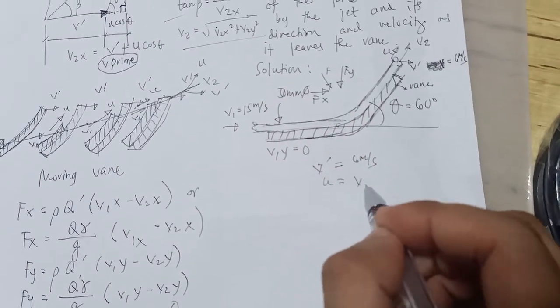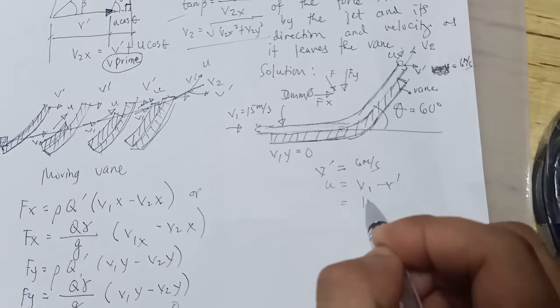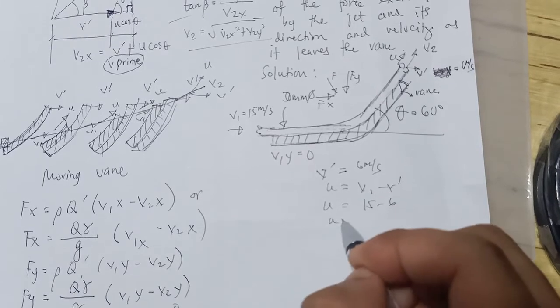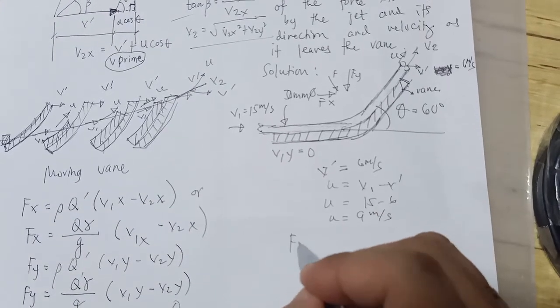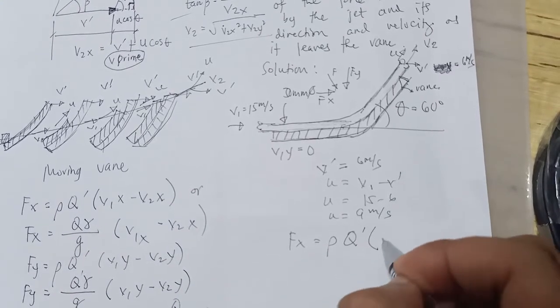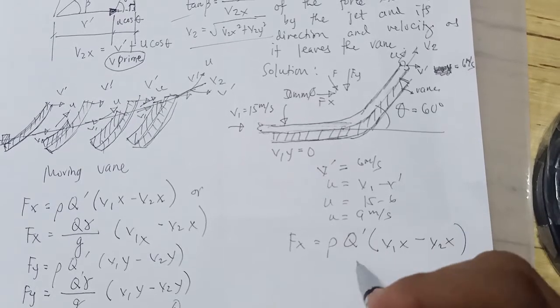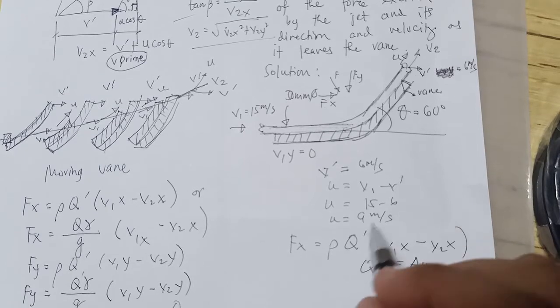Relative velocity is v sub 1 minus v prime, and it is 15 minus 6 is 9 meter per second. So Fx is rho Q prime v sub 1x minus v sub 2x, Q prime is a times u.